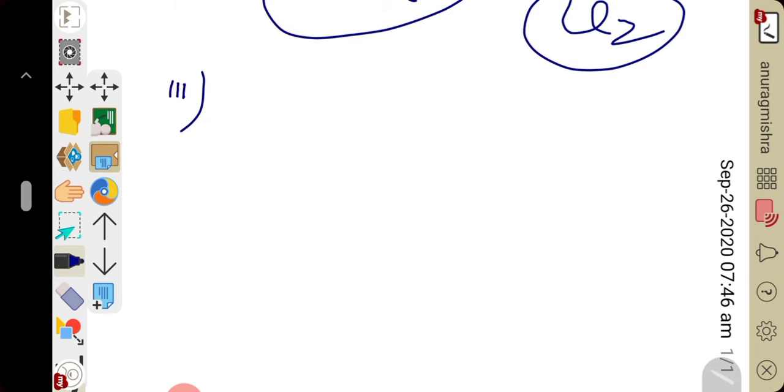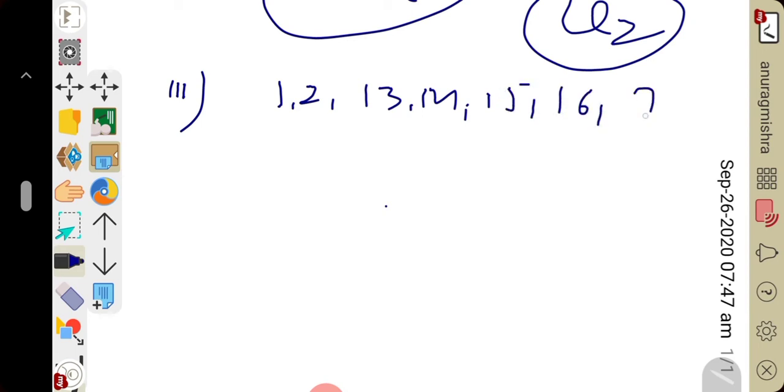A total of 7 groups are present in the representative element class. How 7 groups? Let's see: group number 1, group number 2, 13, 14, 15, 16 and 17. You can see 1, 2, 3, 4, 5, 6, 7. Total 7 groups are present.